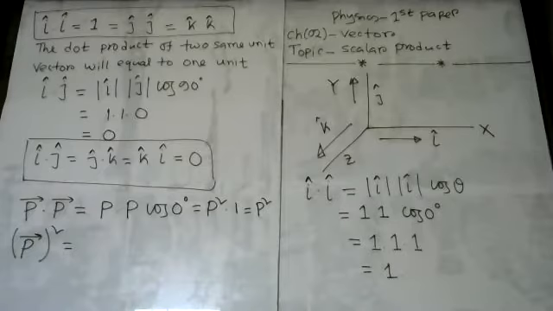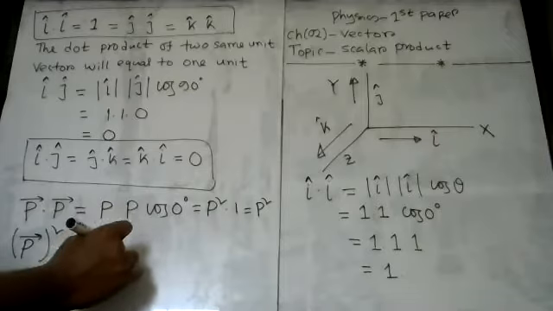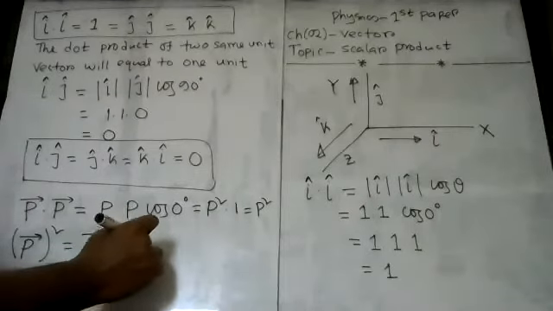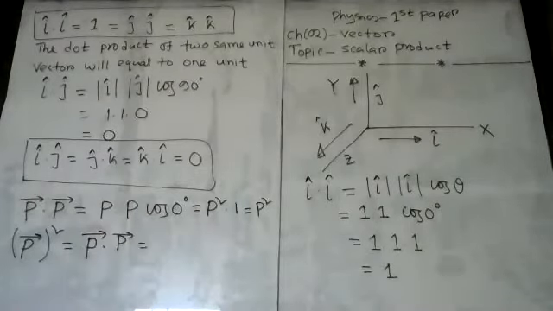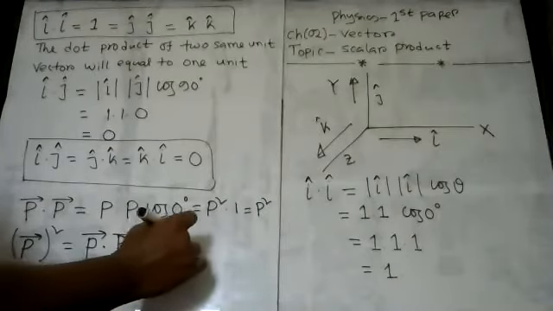Obviously, vector P whole square equals vector P dot vector P. Since it is vector P dot vector P, it equals P square.